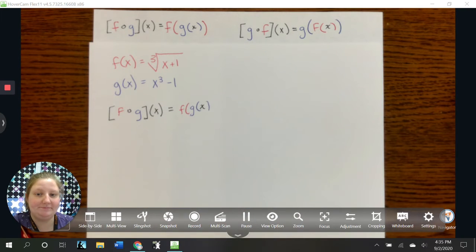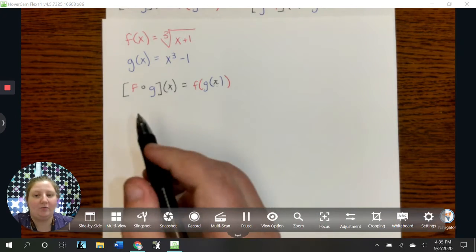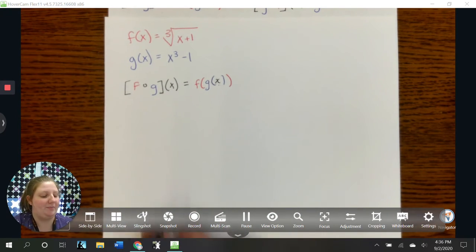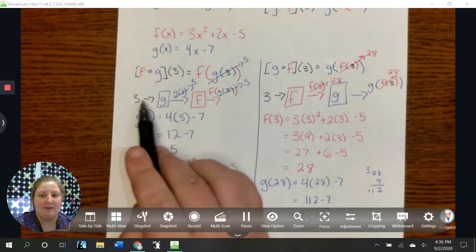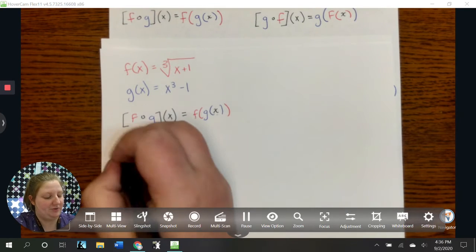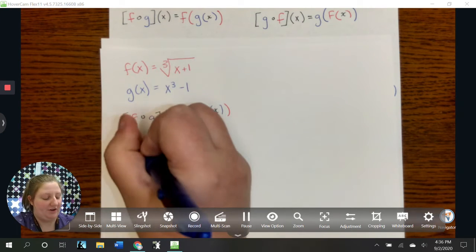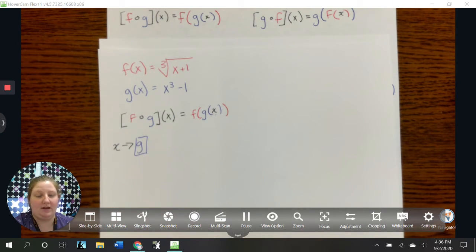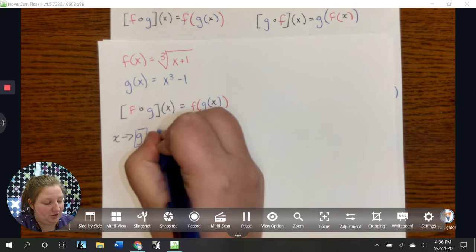This time we don't have anything that we're going to plug in for x. So instead, our roadmap, just like the last problems we looked at, instead of starting with a number that we're plugging in, we're just going to start with our variable. So we take x, and x gets plugged into our function g. That gives us g of x.